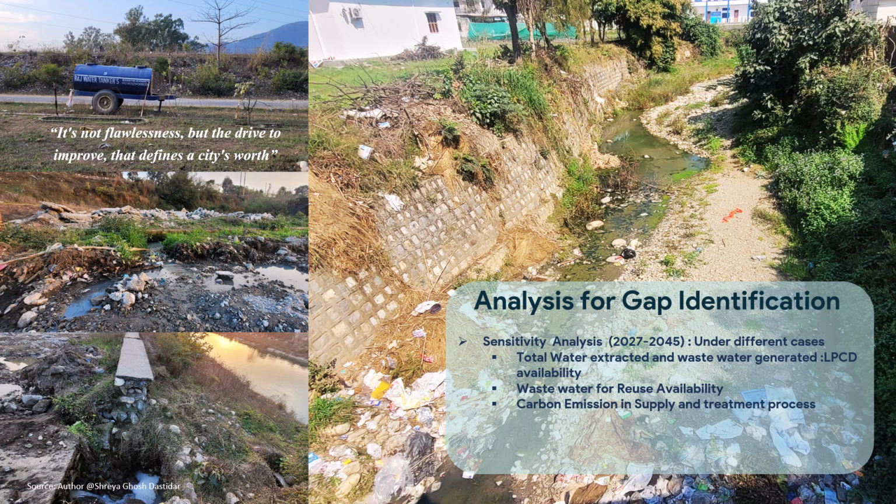So that dictates the flow of the gap identification analysis, in which I have first done the total water extracted and wastewater generated according to the LPCD availability through a period of 18 years, then how much is the potential for wastewater and its reuse, and then the carbon emission in both the supply and the treatment process.